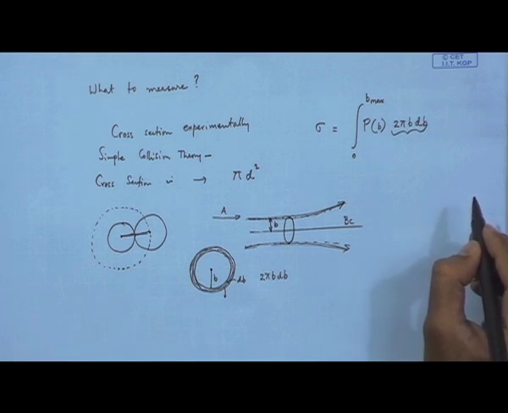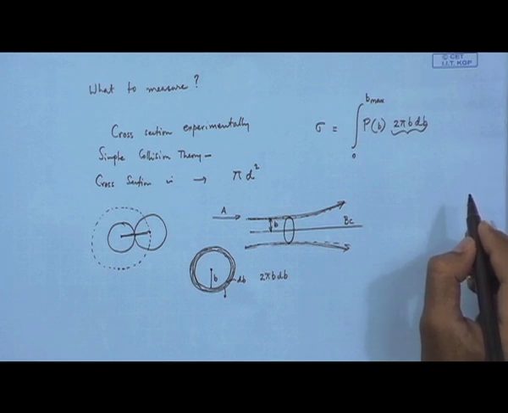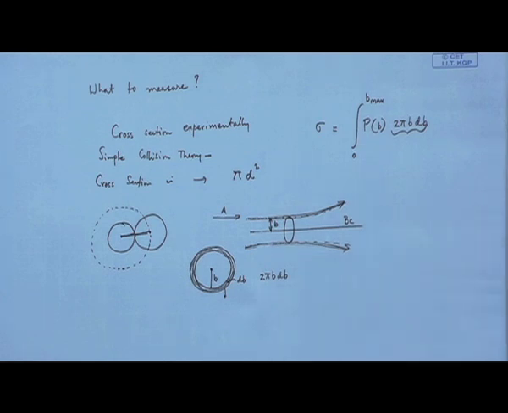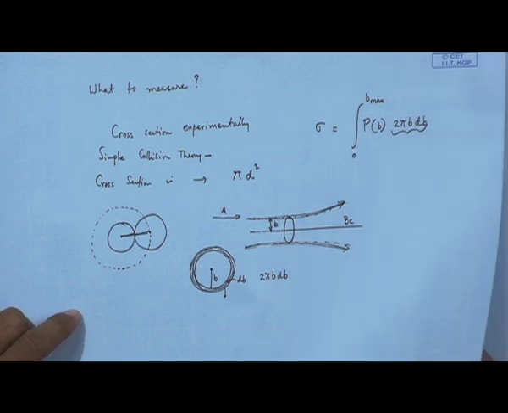Okay. So, what is this PB? PB is the opacity function, and it represents the fraction of the collisions with impact parameter B that gives rise to chemical reaction.